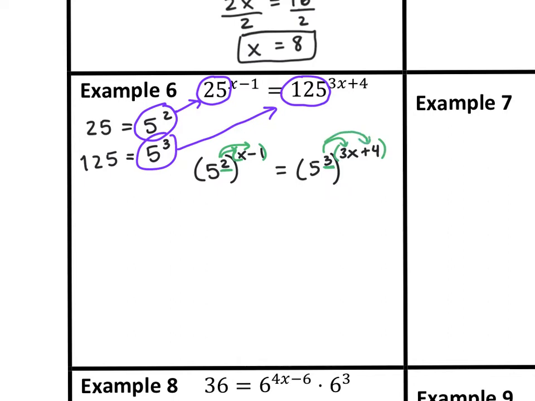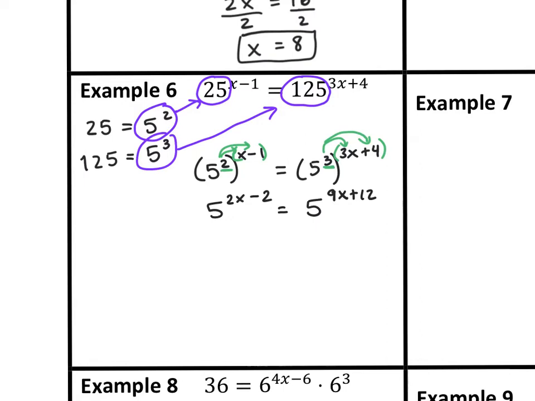So on the left side, what is 2 times x? That's 2x. So what we're going to end up with is 5 to the power of 2x minus, what's 1 times 2? That's 2. Equals 5 to the power of, what's 3 times 3? That's 9x plus 3 times 4 is 12.